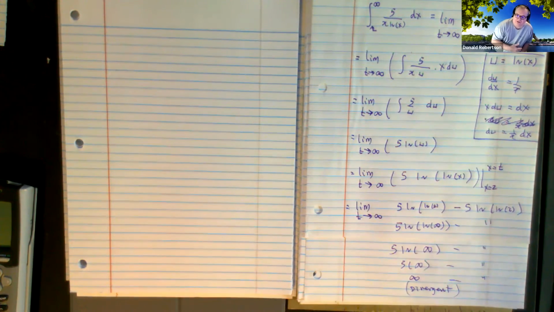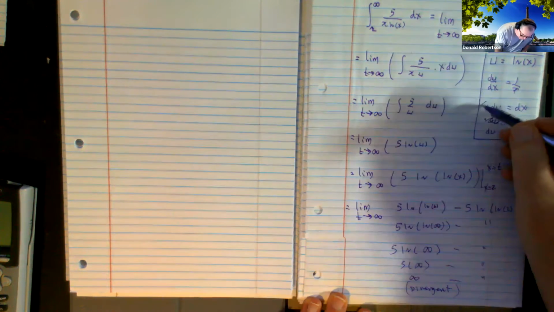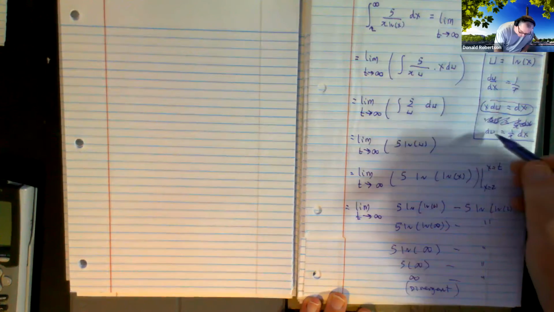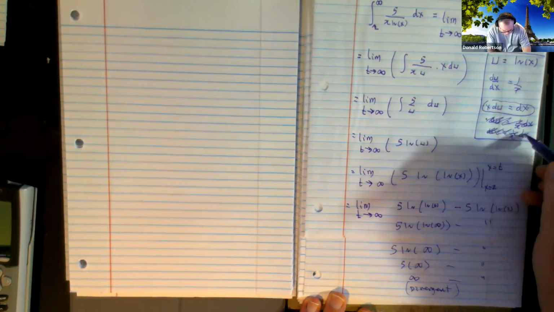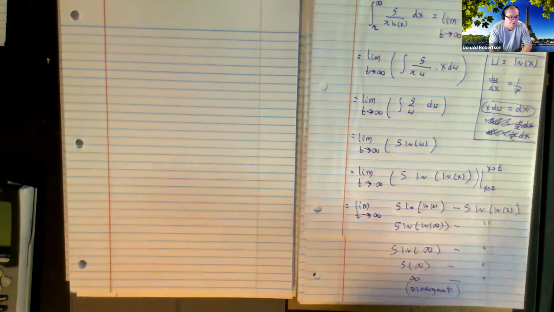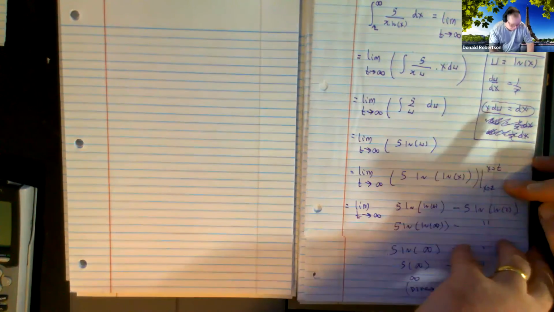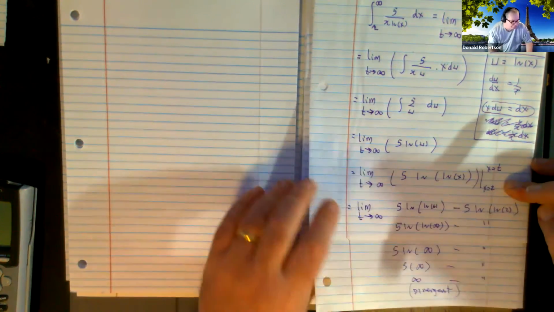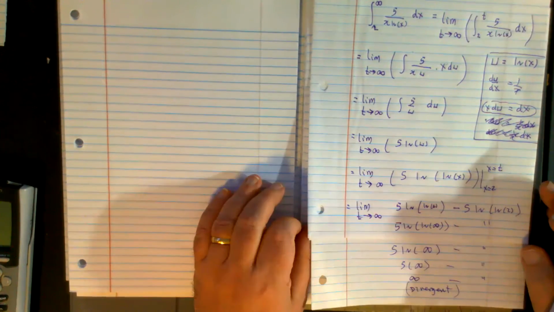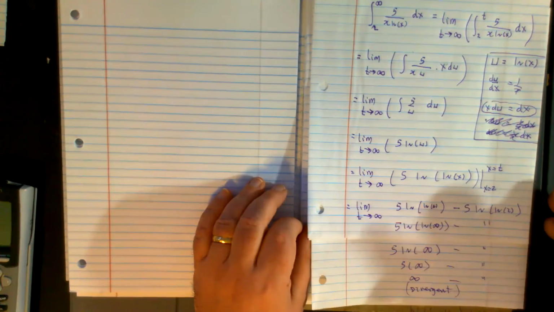I tend to do these in the same way every time, but I understand what you're doing. But normally what I want to do is isolate the dx, because then I just replace that guy with whatever it is, and then everything cancels out. And what you said would have worked. It's just not the way I look at them. But it was totally correct. You didn't do it wrong.